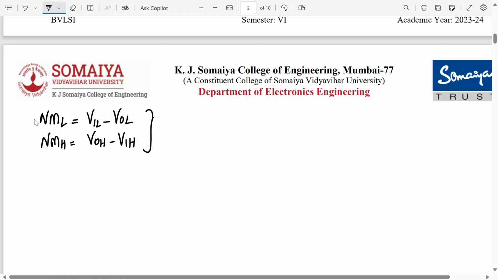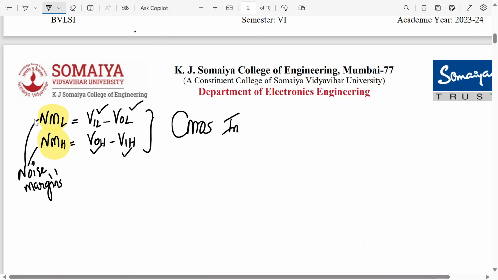So in order to determine noise margin high and noise margin low, these noise margin levels, we have to first determine VIH, VOL, VOH and VIL for a CMOS inverter.